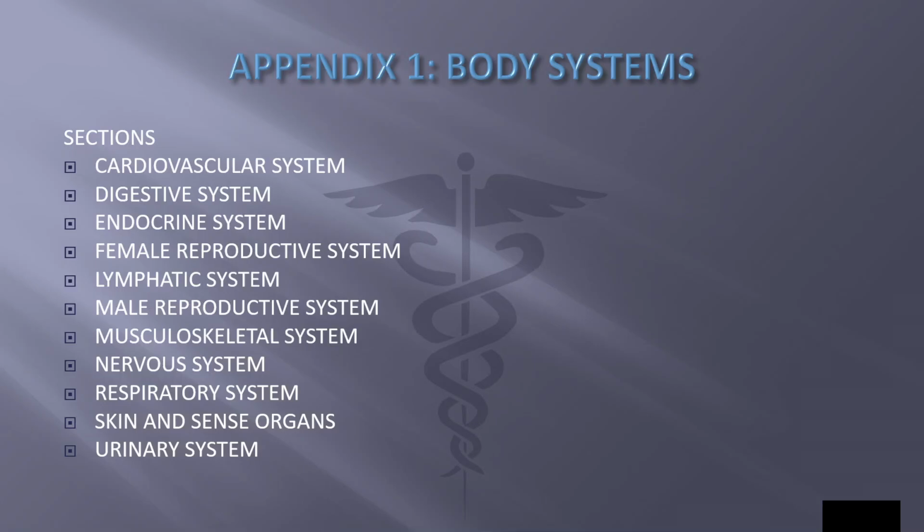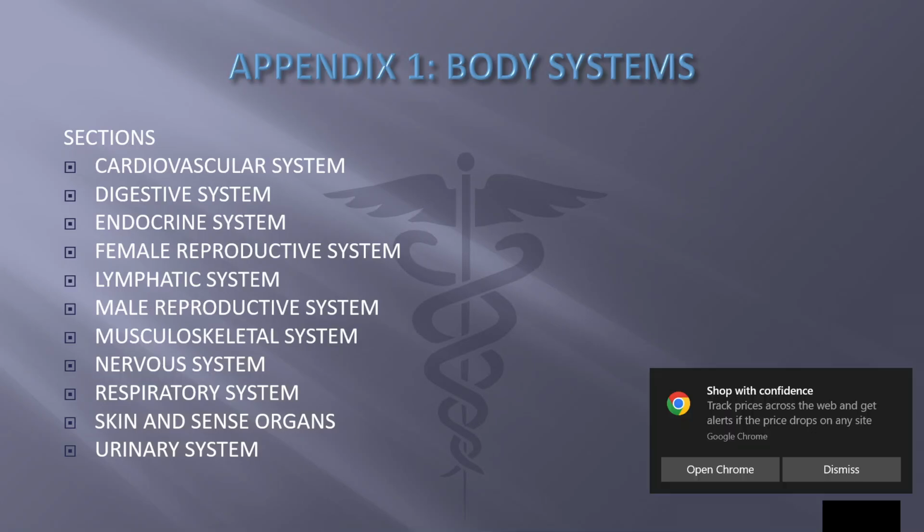Abbreviations list selected abbreviations for easy reference. Matching exercises review the terminology to reinforce your understanding. Use this appendix both as a study guide for classroom work and as a reference for your work in the medical field.